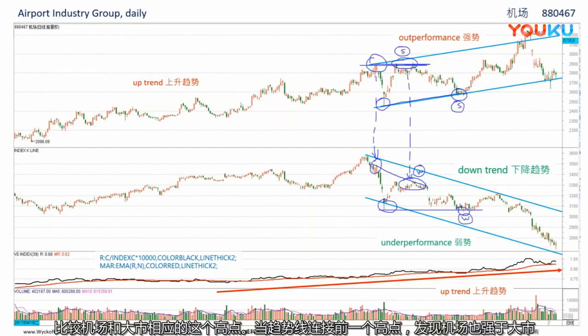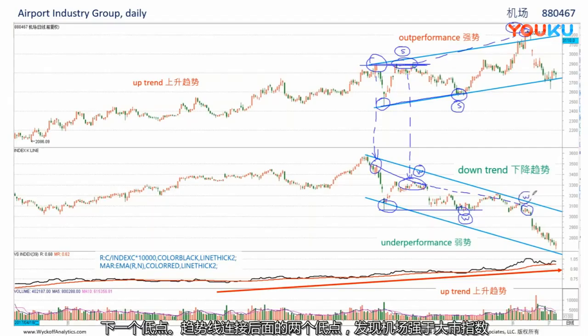Then we could look at, let's say, this high right here and compare it to the market's high. If we would connect the significant highs for the industry group, we see that the group is still stronger and the market is still weaker. And then the next low, we're seeing that the slope of this low for the airport group is stronger, bullish, and the market is weaker.